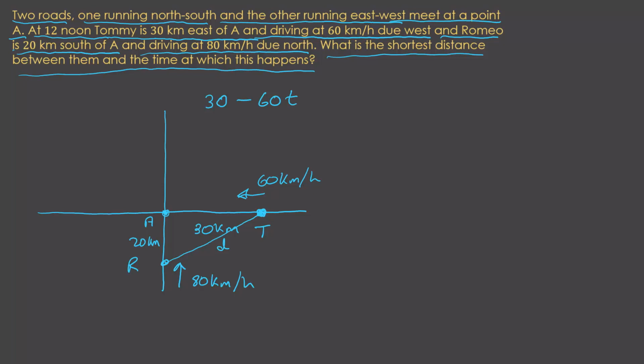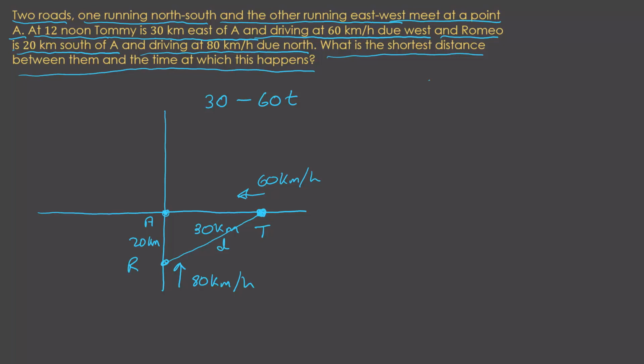So when t is 0, he's 30 kilometers from A, and we know that's the case, that's in the question. And let's say that t was 0.5, he would then be at A. Half an hour at 60 kilometers per hour would cover that 30 kilometers.